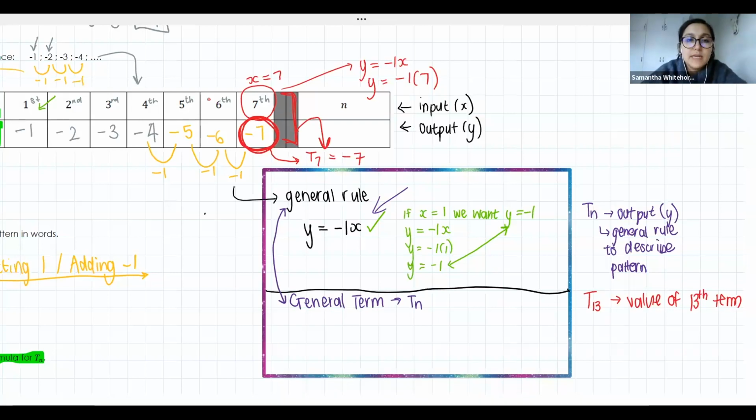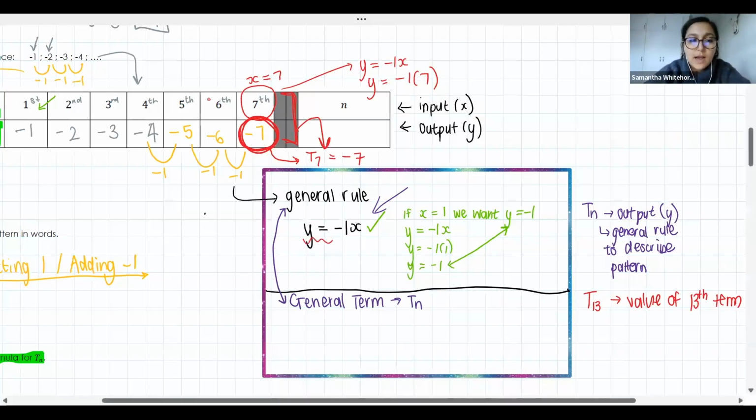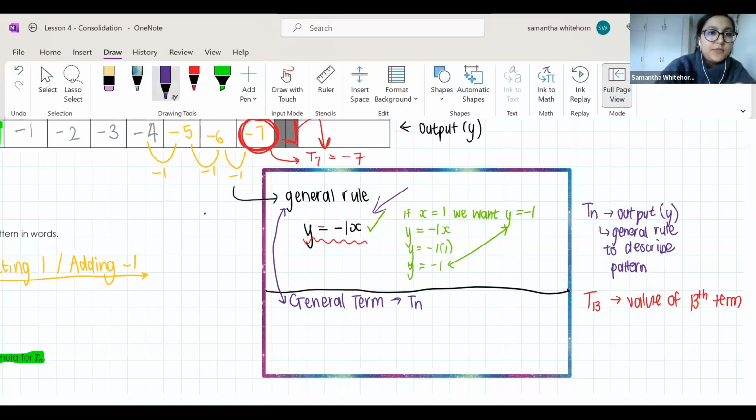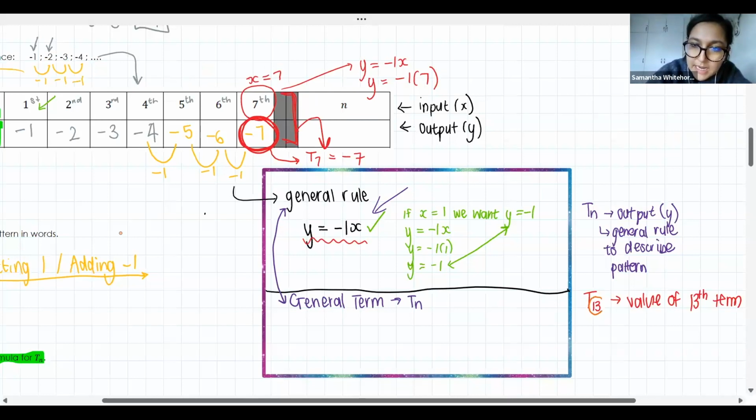Now what you need to realize is that if you can write the general rule in terms of X and Y, you can write the general rule in terms of Tn and N. Another thing I just want to point out is that I have replaced N with 13.